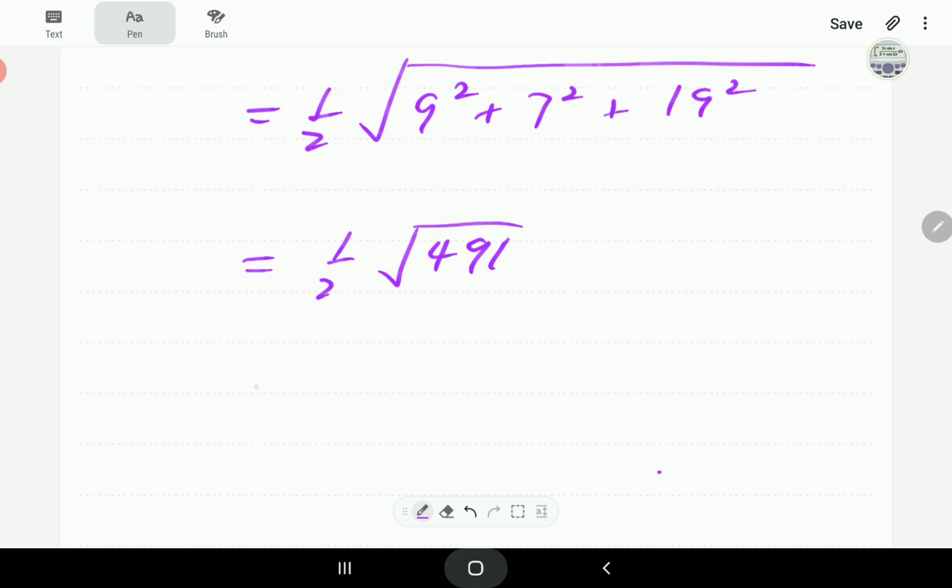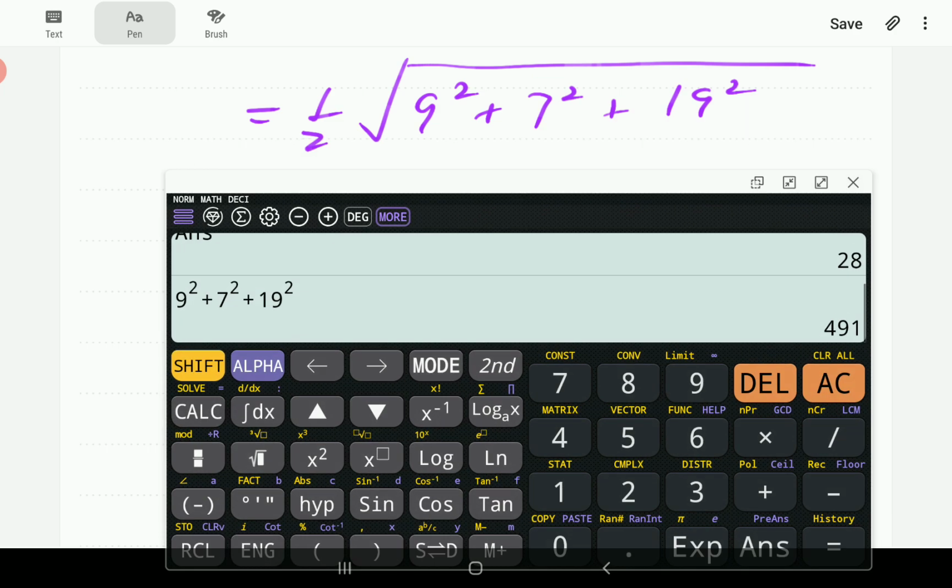Just out of interest, let's see. Well, this is clearly not divisible by 4. Is it going to be divisible by 9, which is the next square number?